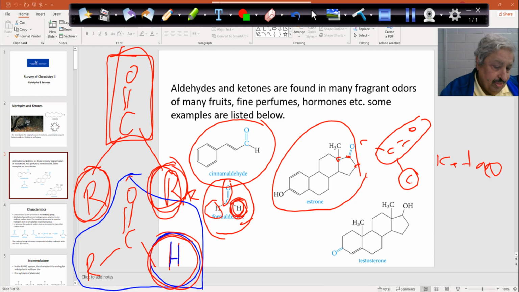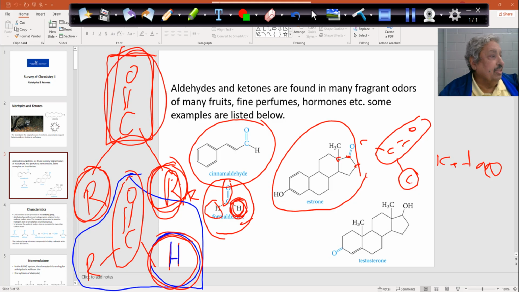So this one here is more free to react. But this one here with these two bulky R's, if they are very bulky, then the keto group or carbonyl group will be restricted from movement, and the chemical reaction will be totally different, chemically unreactive.